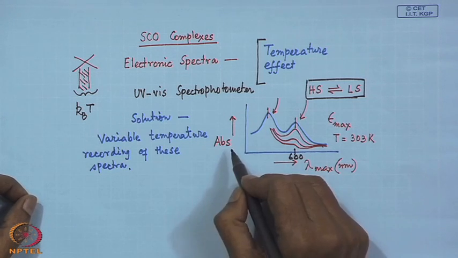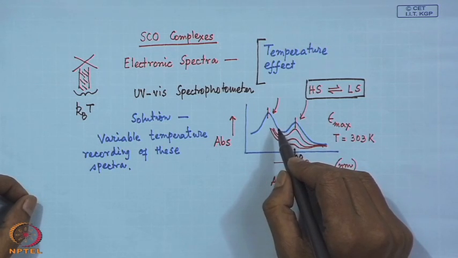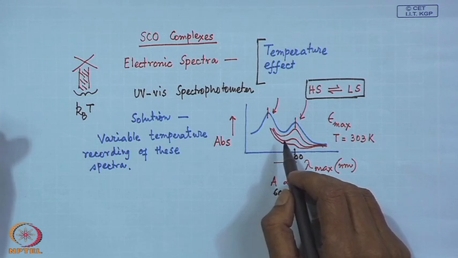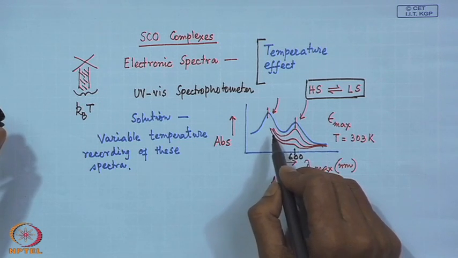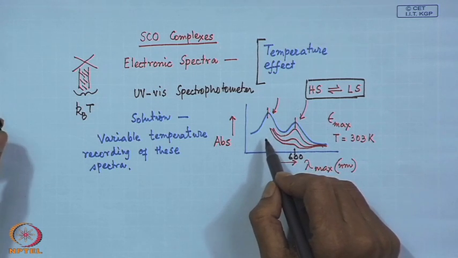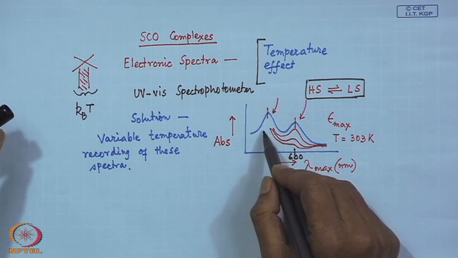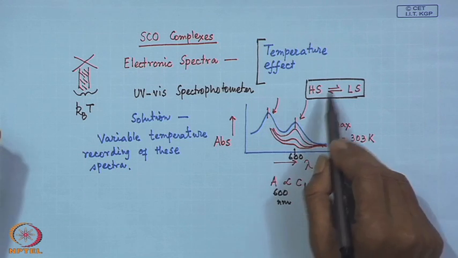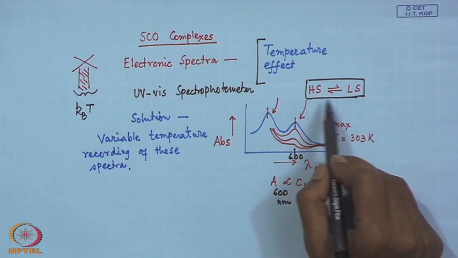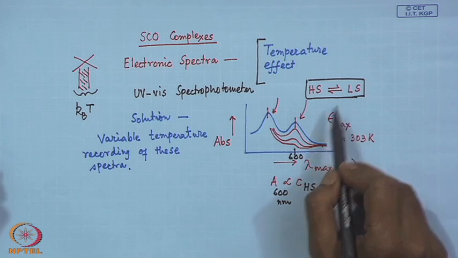So, at some other point in the electronic or optical spectrum, we should be seeing a band that is increasing. If it is not present at the initial stage, it will grow with time due to this conversion, that means more and more high spin compound is converting to the low spin compound.